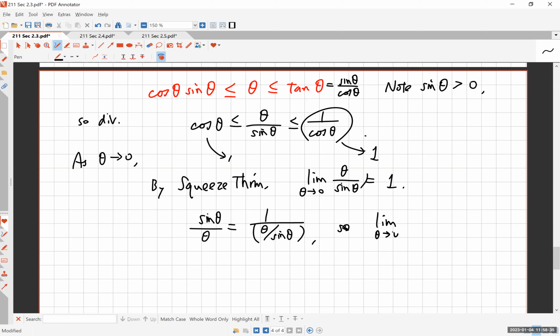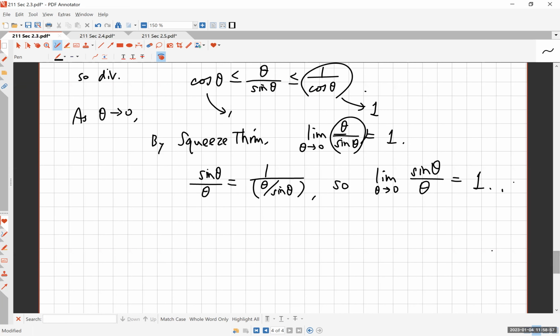So that means the limit of sine theta over theta, which is the reciprocal of this, as theta approaches 0 is equal to 1. Basically, what this is saying is theta and the sine of theta approach 0 at about the same rate, or at the same speed. And that's why the limit is going to be 1. So that's a nice application of the theorem.